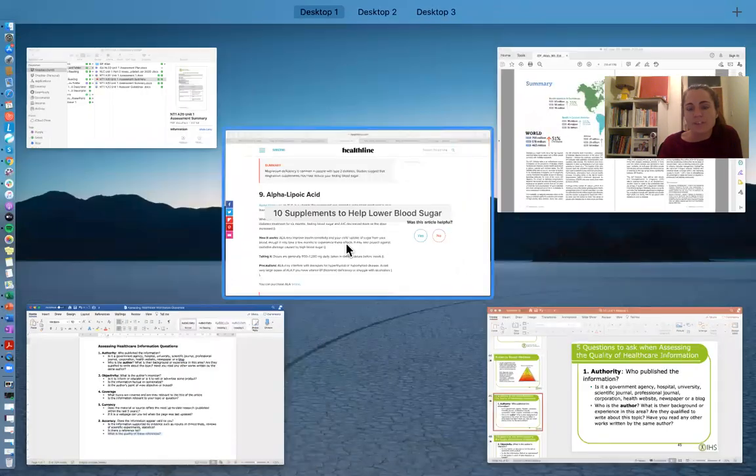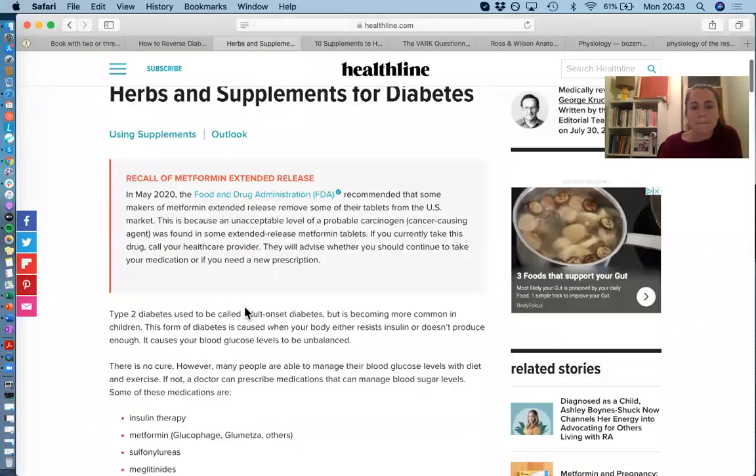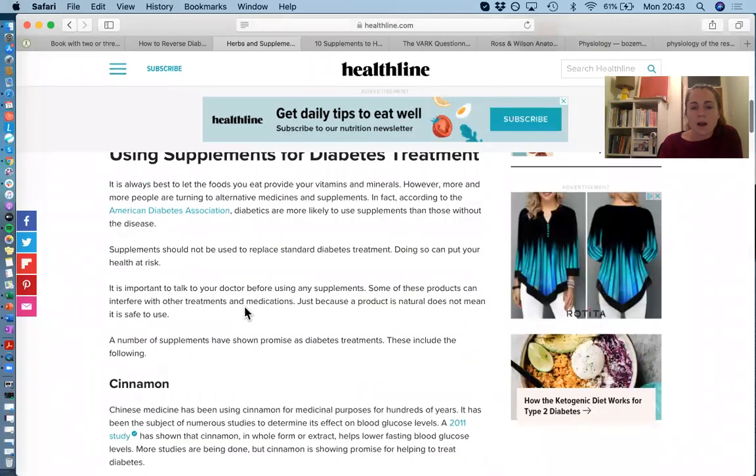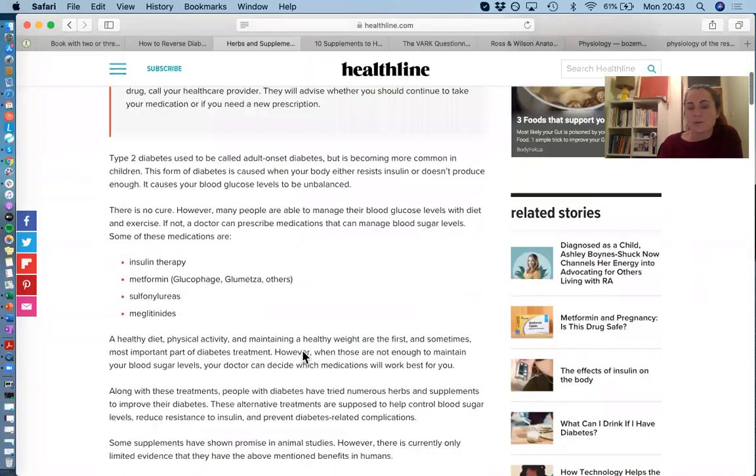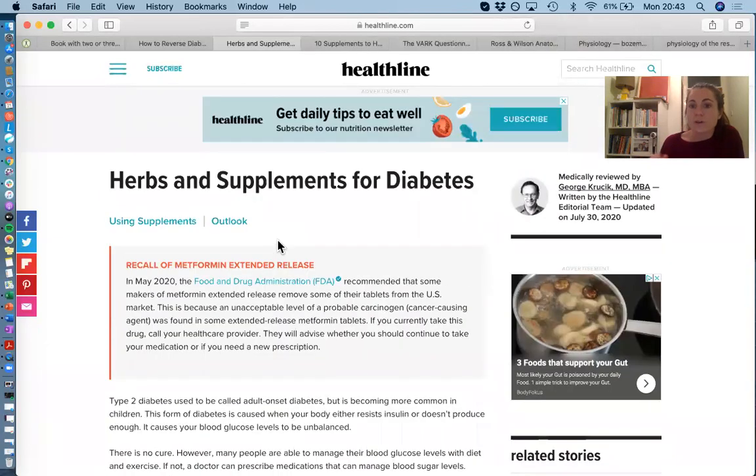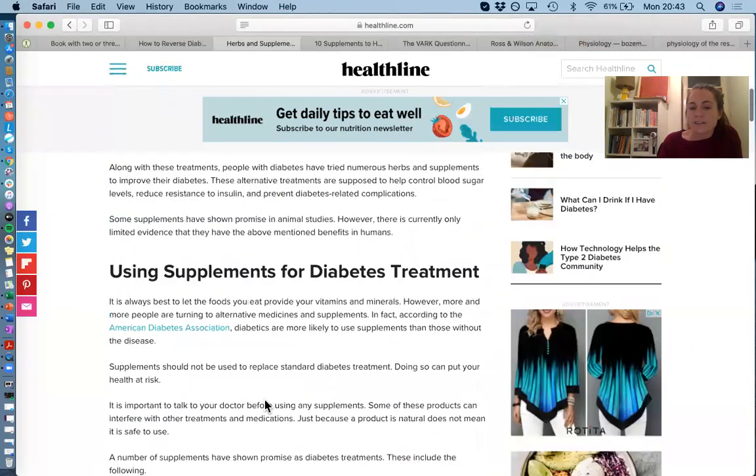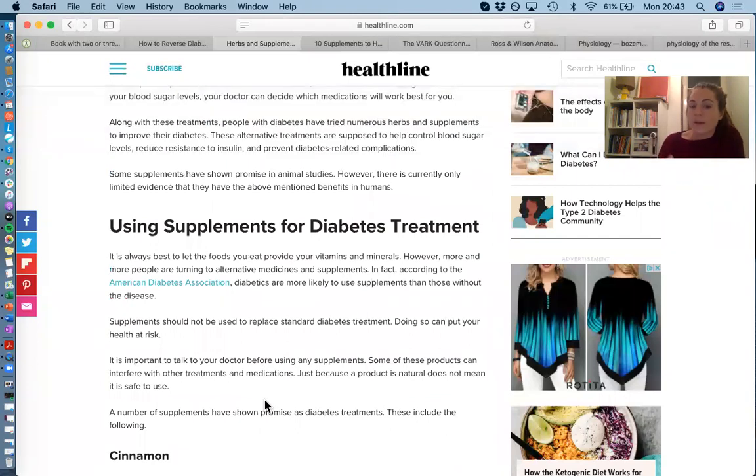For example, if I was to take this one, I would say that whilst Healthline has produced very good sources of information and has a robust editorial team, this article itself is not referenced enough. I wouldn't consider it a reliable source of information because I can't go and look at the references from which the article was written. That would be my personal conclusion based on reading this.